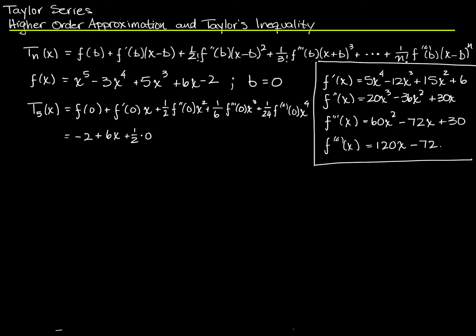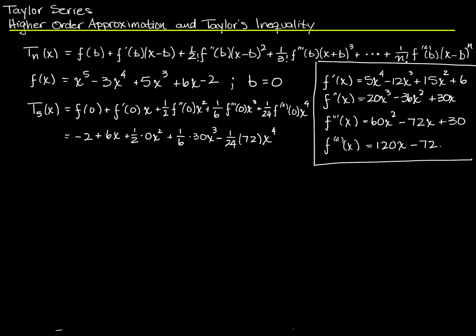So times 0 times x squared plus 1/6. The third derivative at 0 is 30 times x cubed plus 1 over 24 times the fourth derivative at 0, which is negative 72. Let's change this to a minus 1 over 24 times 72 times x to the fourth.